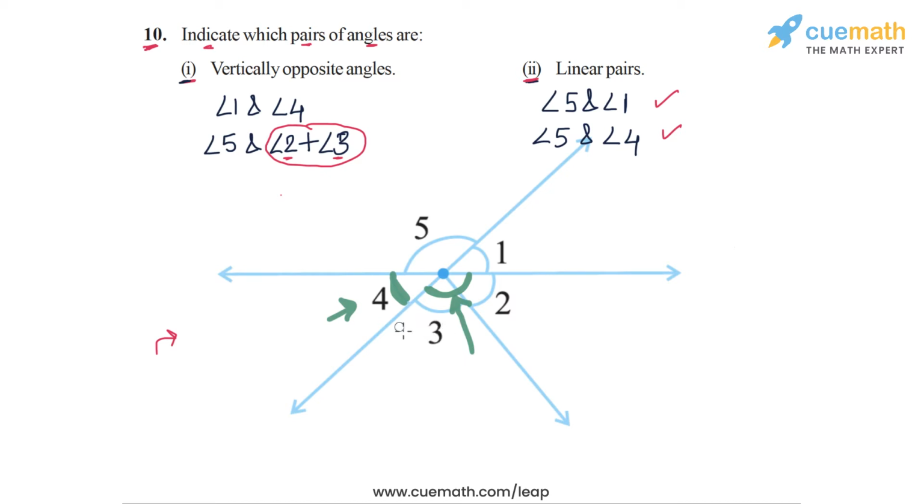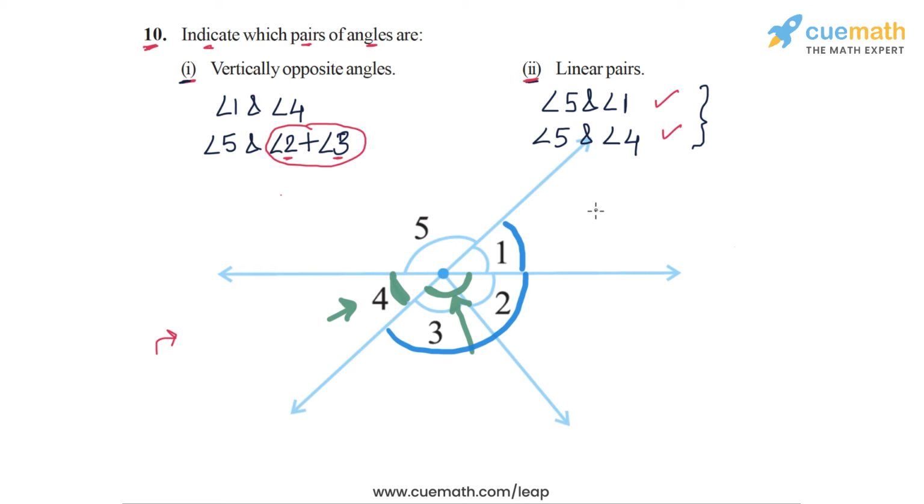And similarly, you could take angle 1 and angle 2 plus angle 3 again, and these two angles also form a linear pair. So if a combination of two angles is also allowed, then there are other linear pairs possible. But in the NCERT textbook, we only have these two answers.